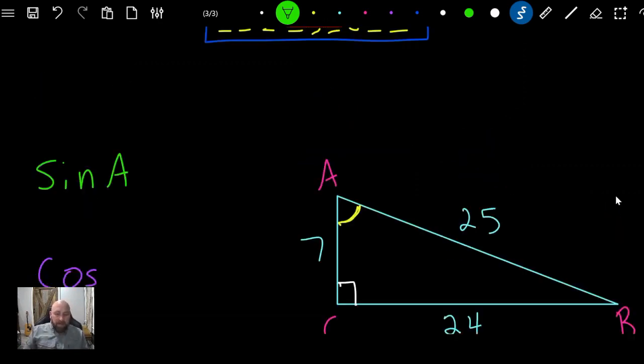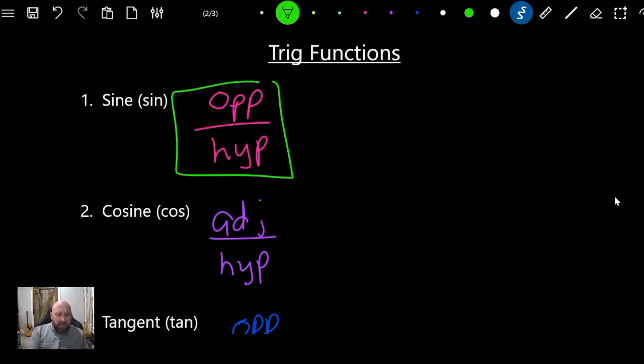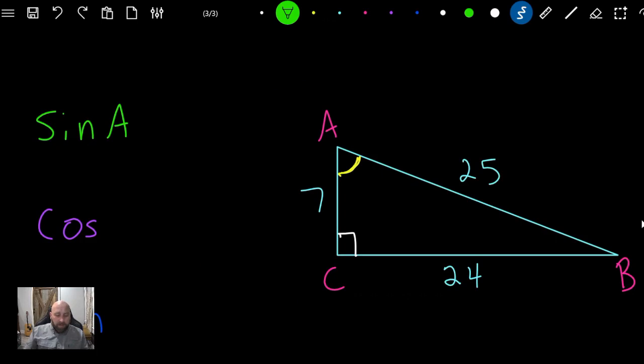So let's go back up here and look at, okay, what is the sine? Okay, here it is. Sine is opposite over hypotenuse. So you're going to come back over here. We're referencing A. Let me write this so that you know it's the opposite over the hypotenuse. I'll just write O over H. That's what we're looking for, the opposite.